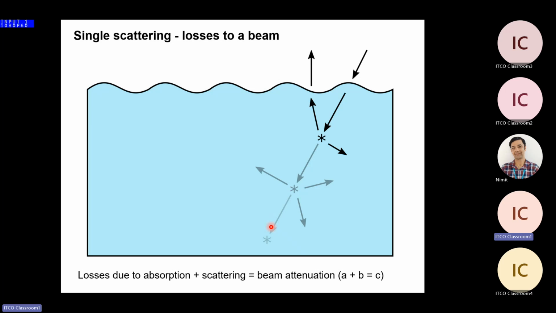Now, if we introduce scattering in this beam, the beam comes in, it's getting absorbed, but also occasionally it's getting scattered. The rate of scattering, or how often scattering occurs, is governed by the scattering coefficient, b. So the losses to the beam are the losses due to absorption and scattering: a plus b equals c. This is what you've seen already, c, the attenuation coefficient. So we have this beam, and it's just getting less and less, with light scattering out and scattering in.